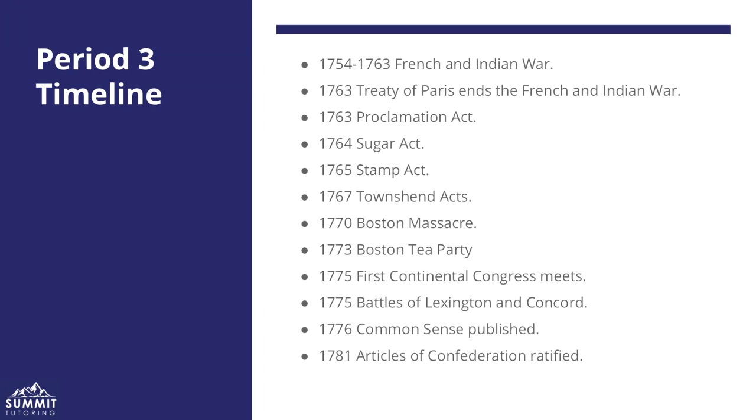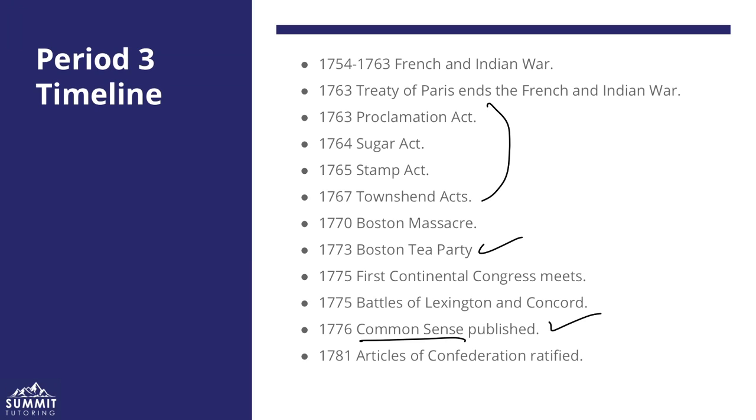So again, here's a good timeline. You don't need to know these dates exactly, but there's a lot going on in period 3. There's a lot of important acts and taxes that are put into place. We have the Boston Tea Party. We have Common Sense being published, a big example of the first time that we're seeing this radical or enlightened thinking start to emerge, with Common Sense by Thomas Paine.